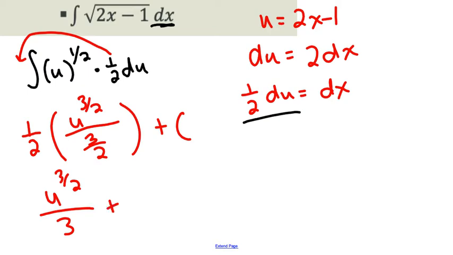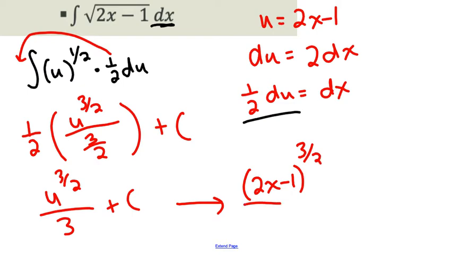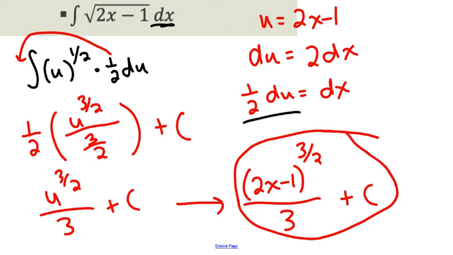Now, plus c. Last thing we got to do is get rid of that u and replace it with 2x minus 1 raised to the 3/2. You could leave it like that, or you can write the square root of 2x minus 1 cubed. Doesn't really matter. You're going to be looking for your multiple choice answers to see which one is correct. So there you go.